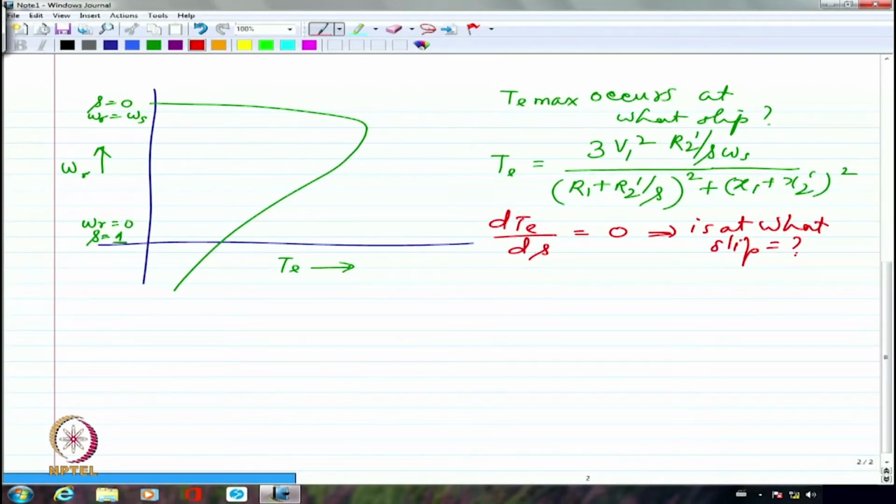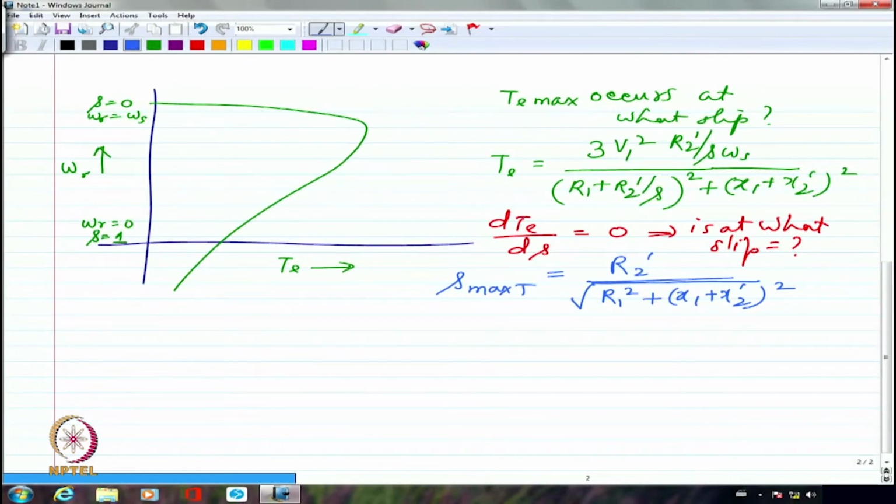You can find out, and that will come out to be S max T. I am writing this as the slip at maximum torque. That's what I mean by S max T. It will come out to be R2 dash divided by root of R1 square plus X1 plus X2 dash the whole square.